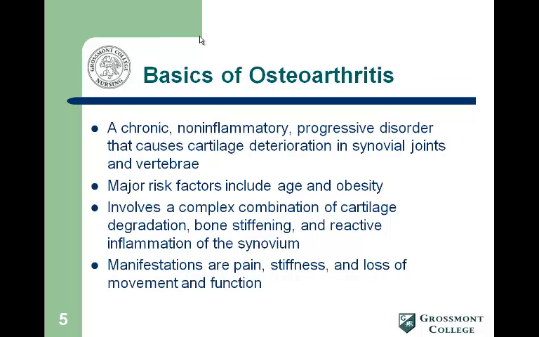This is also known as degenerative joint disease. It's the most common form of joint disease seen in the knee, hip, and spine, mostly in the weight-bearing joints. So it is a chronic, non-inflammatory, progressive disorder that causes deterioration of the cartilage. So non-inflammatory is a key here, because we're going to talk about rheumatoid arthritis, which is inflammatory.